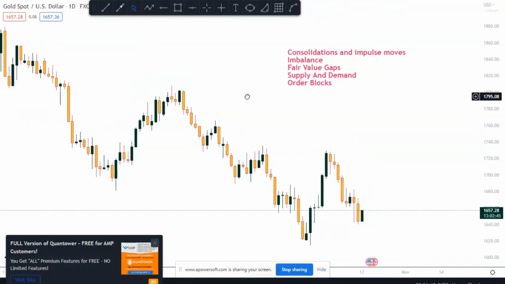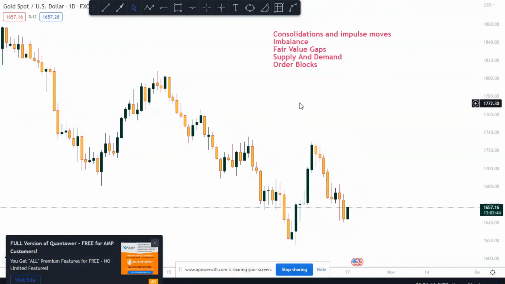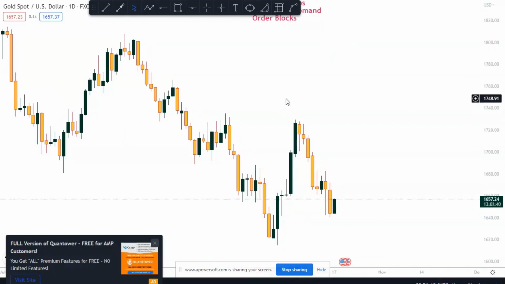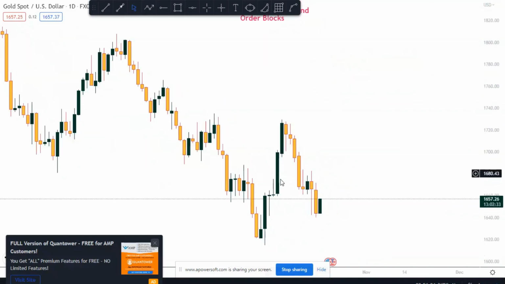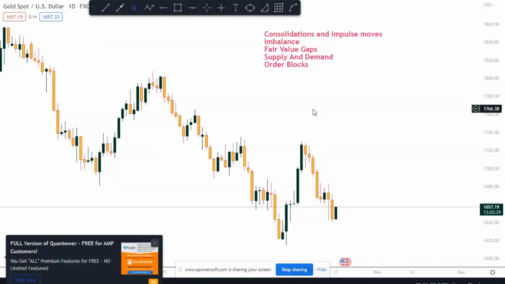Each episode that I bring, I'm building on what I've talked about before, all for purposes of learning. And then we talked about the fair value gaps. Fair value gaps are part of imbalance; they are also a type of imbalance that happens in the market. But then time is coming when we shall be putting together these things.